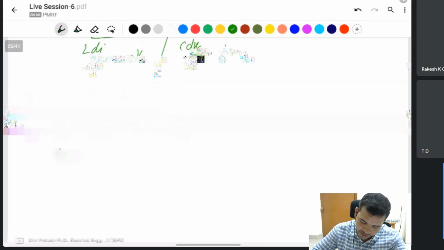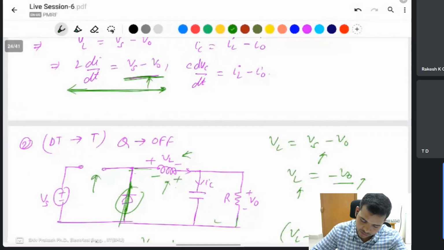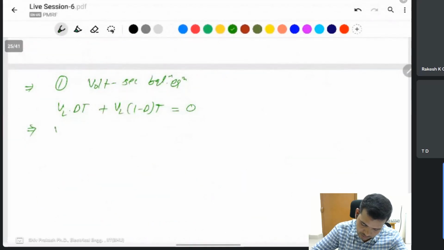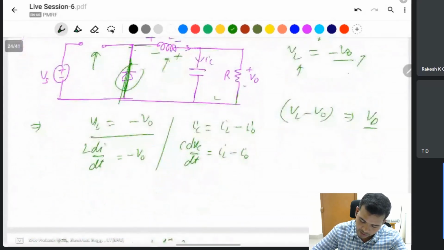In dT time, VL is Vs minus V naught. T you can take common, and in that time VL in 1 minus D time is minus V naught.